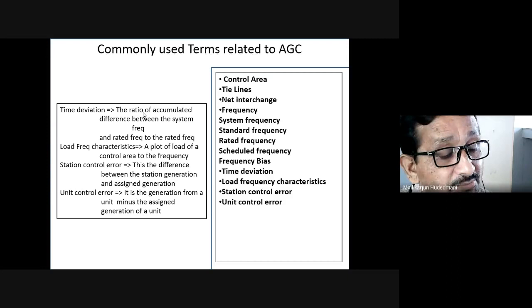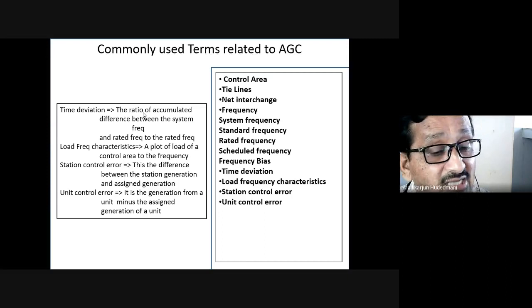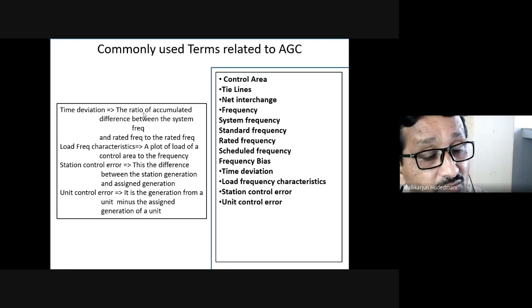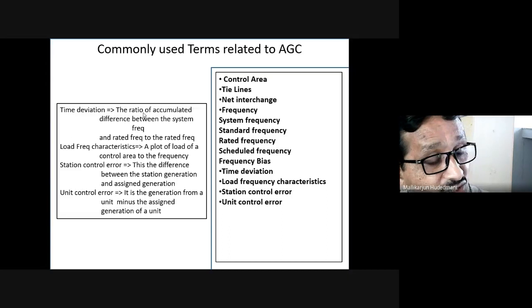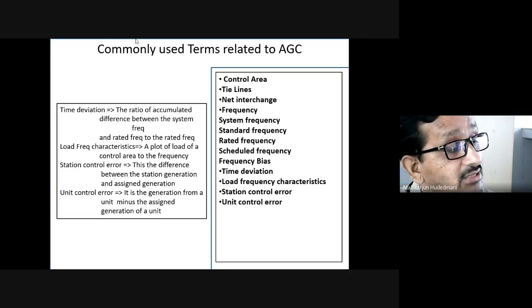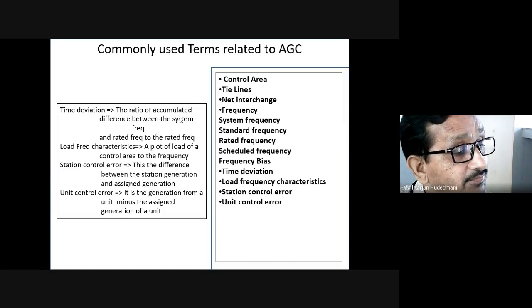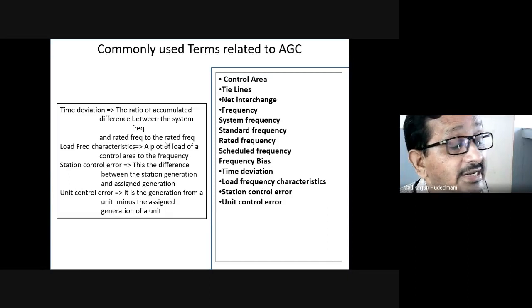We have to find out what the frequency is right now and what the expected rated frequency is. At the next moment of time, observe what the actual frequency is and what the expected rated frequency was. Those accumulated deviations, if you take a ratio, with the accumulated difference between actual system frequency and the rated frequency in the numerator, and the rated frequency in the denominator, that becomes time deviation.